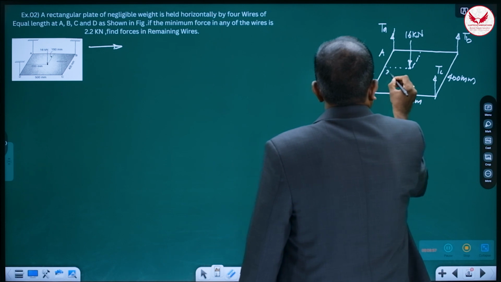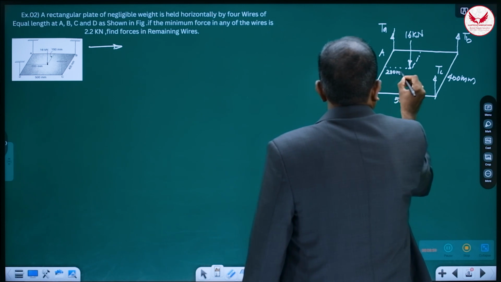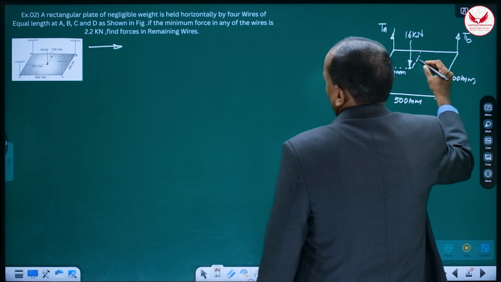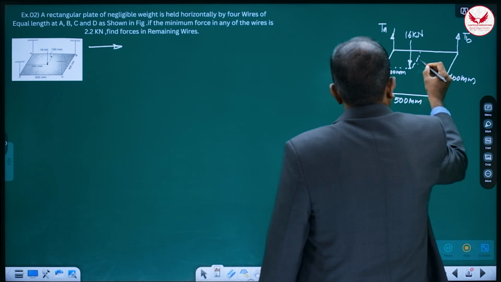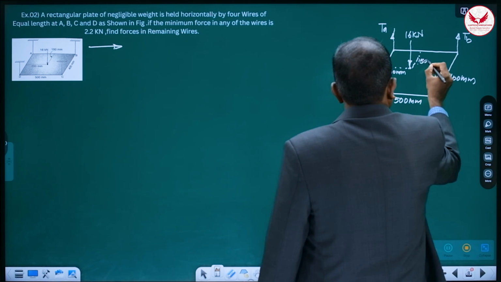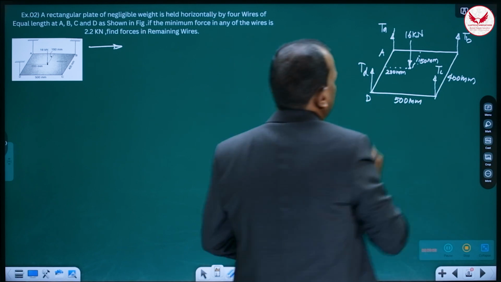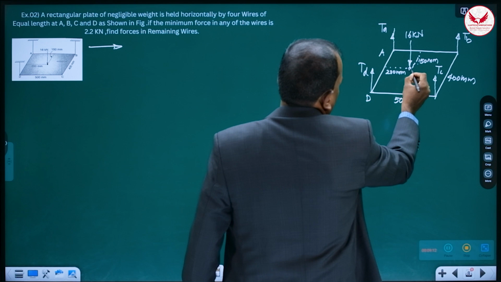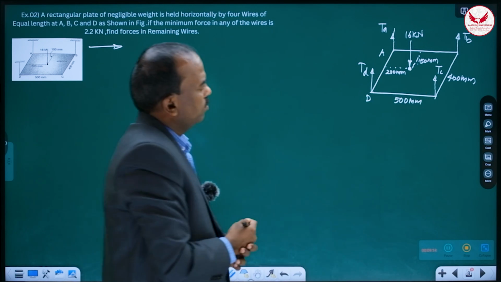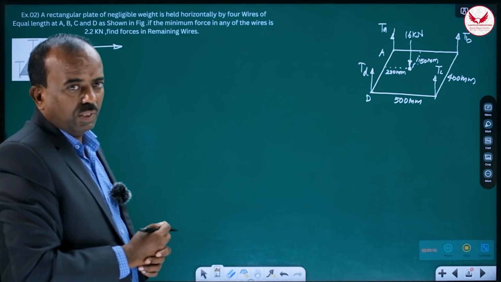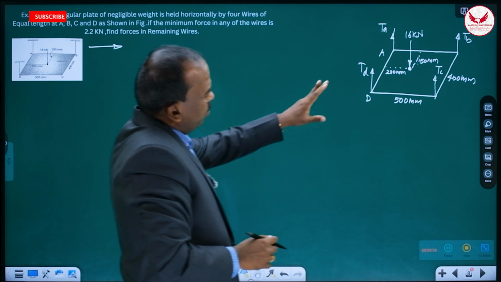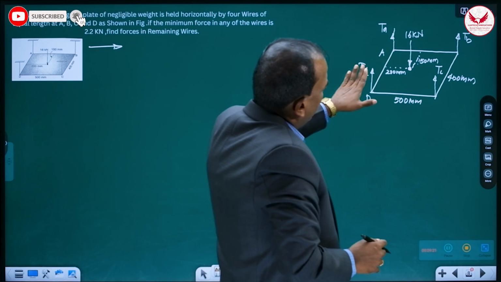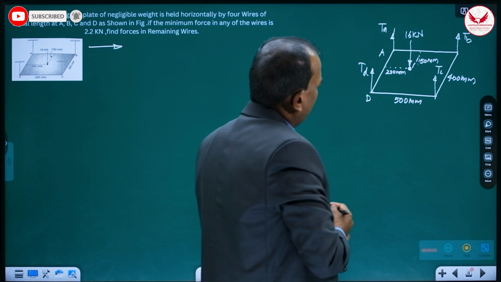It is 200 mm and it is 150 mm. So this is the distance of this weight. Actually the weight is acting at this point. So this is the free body diagram. So here 5 forces are there, TA, TB, TC, TD, and the weight is acting vertically downward.